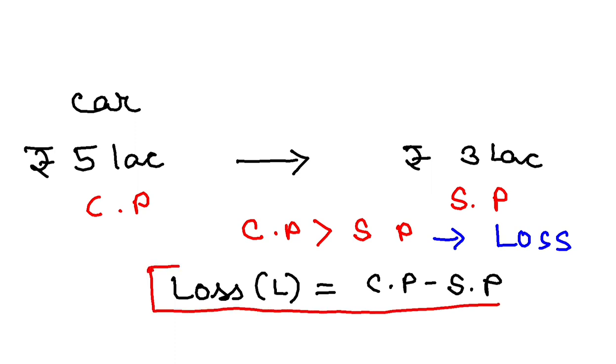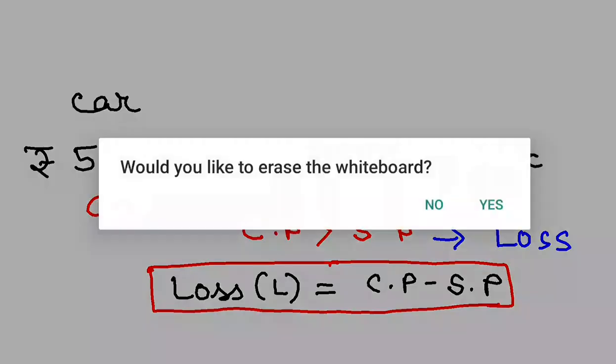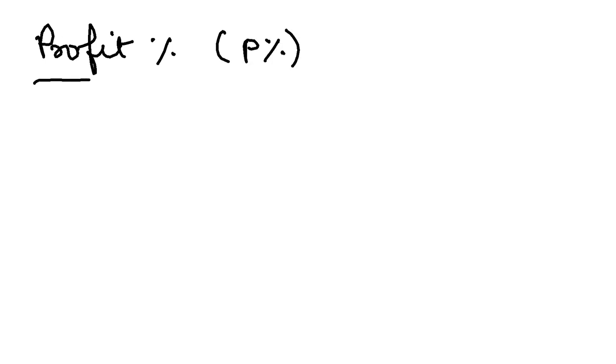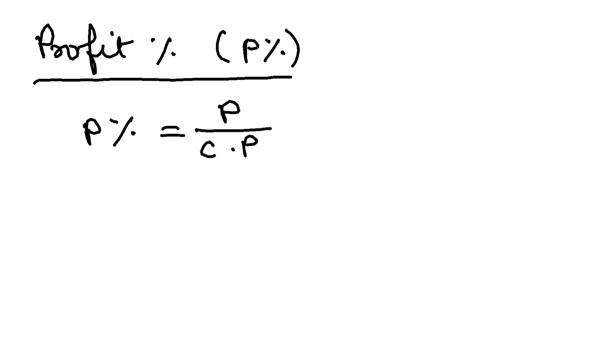Alright, all these basics must be clear to solve the exercise comfortably. We have learned the formula for profit, we have learned the formula for loss. Now there are two more terms you have to learn. First one is profit percentage, or symbolically P percentage. Okay, profit percentage or P percentage is always calculated by profit by CP into 100%, is the formula.